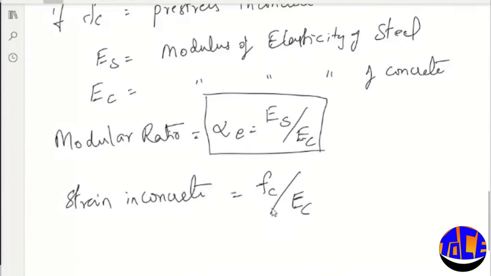So what is E? E is stress divided by strain. Young's modulus is stress divided by strain. If you want to get strain, I take strain this side and E this side, so you will get stress divided by Young's modulus of concrete. Okay.